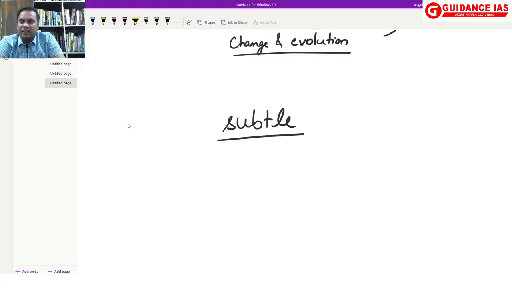So the root of such difference between these two terms can be found in the theory of knowledge. And if you want to write it, you can write epistemology.